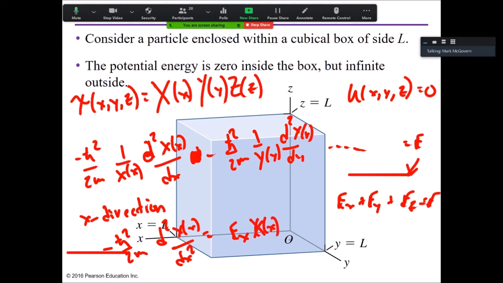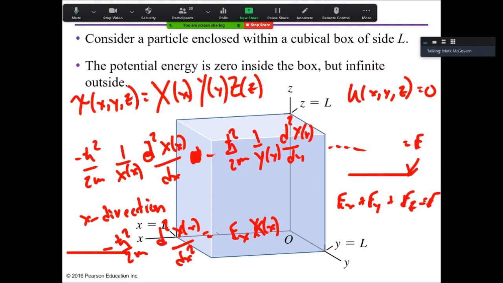This equation appears three times, for x, y, and z. It has a very nice solution: the second derivative equals the same function times a constant, which is just sines and cosines.